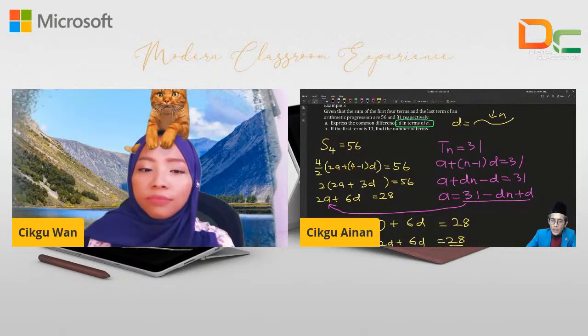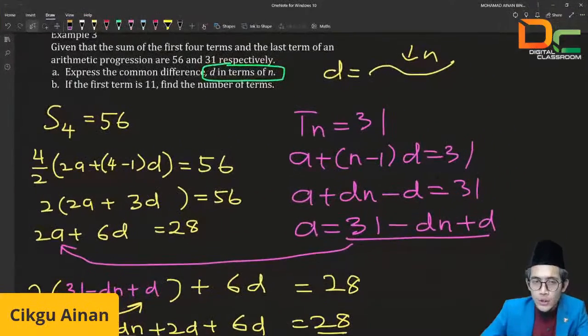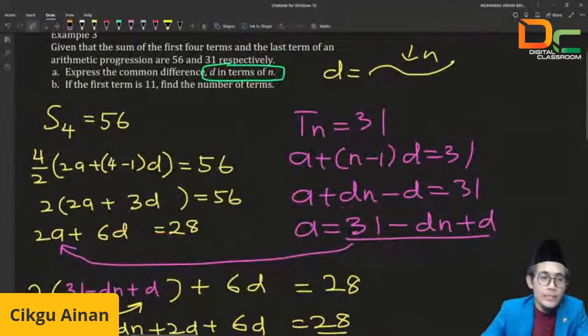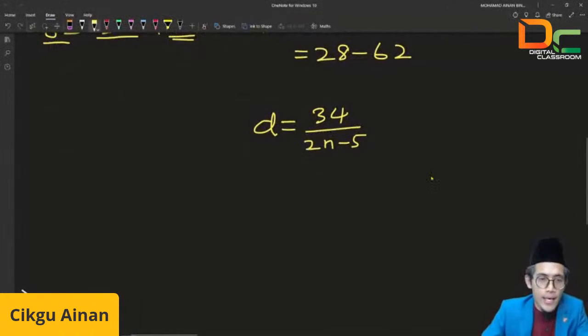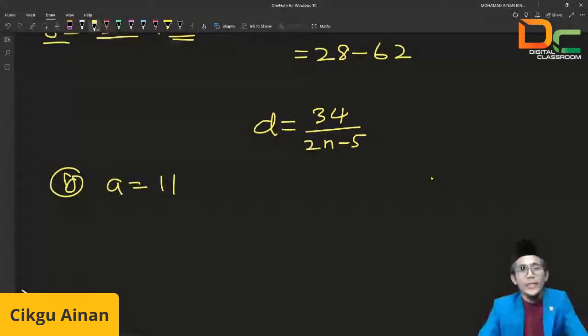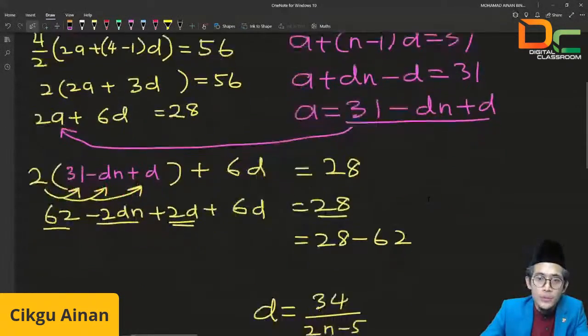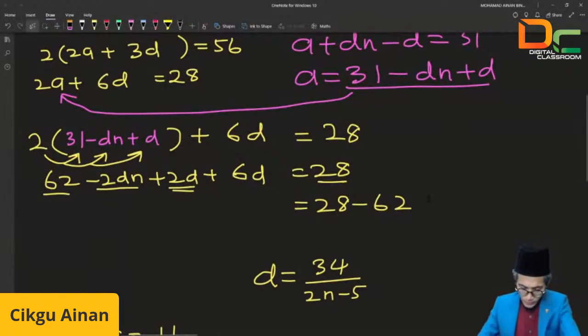Okay, now let's continue with the second part. If the first term is 11, find the number of terms. What does it mean by first term is 11? It means that A is 11. So when A is 11, how to get the rest of the values?